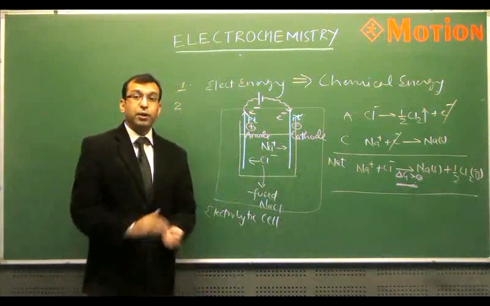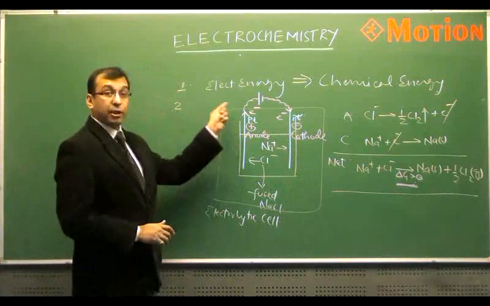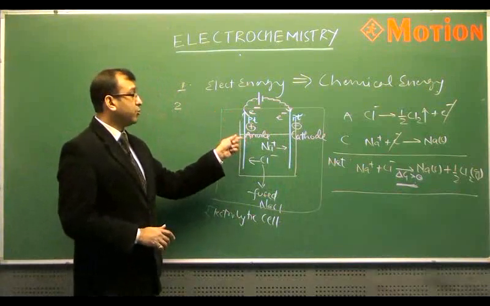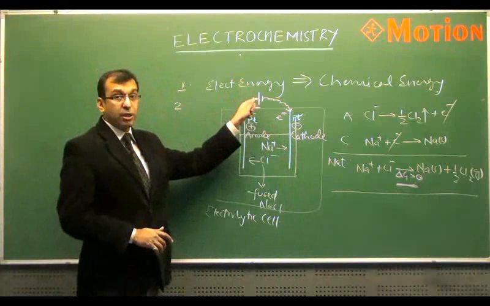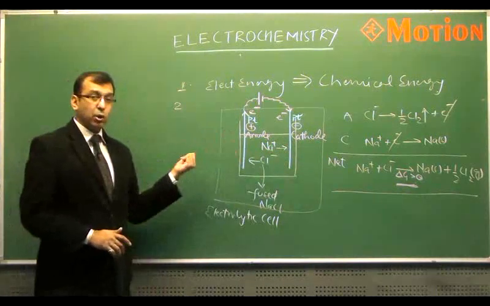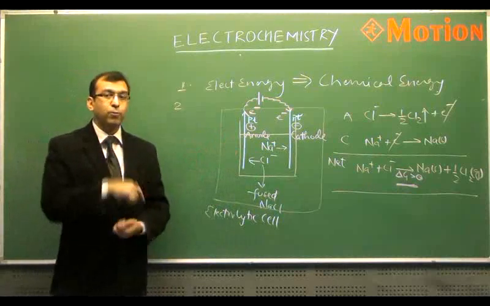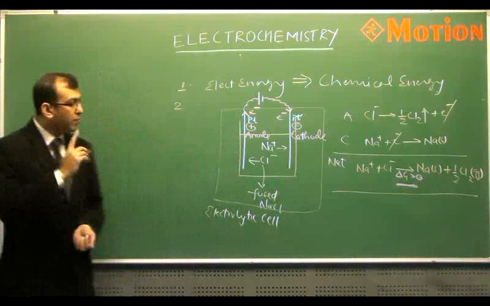Then only the circuit can be completed. So in an electrolytic cell, electron is moving from anode to cathode in the external device, while within the cell it's moving from cathode to anode by some internal mechanism. This was asked in JEE. Be careful, movement of electron.